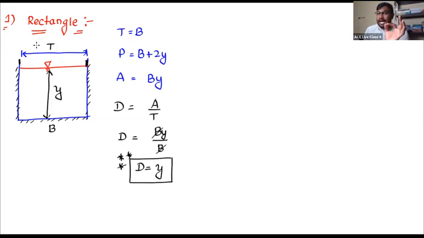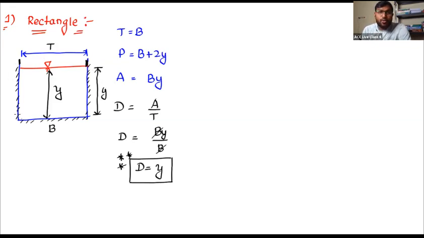This is the flow section, a rectangle. The average depth of the flow section whose sides diverge, not converge, at the top. If I take the depth of flow at this section, it is y. At the center also the depth of flow is y.